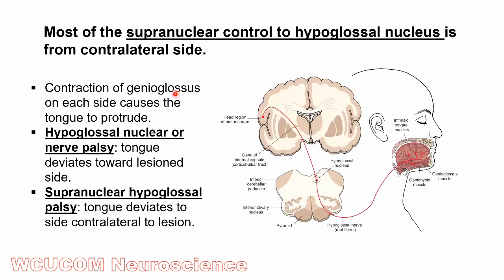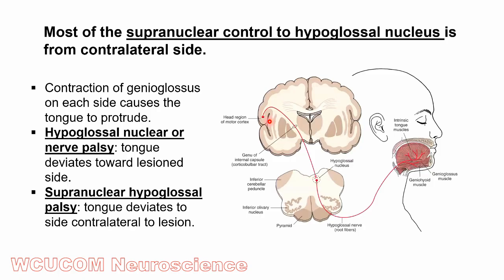So what ends up happening, if there is weakness from this nucleus and distal to it, okay, nuclear or infranuclear or peripheral damage, the tongue deviates toward the lesion side because the normal side overpowers it, pushes it over. Now the supranuclear lesion, if there's a cut here, it's going to be the opposite sign clinically because the drive is coming from the opposite hemisphere. So the tongue deviates to the side contralateral to the lesion.